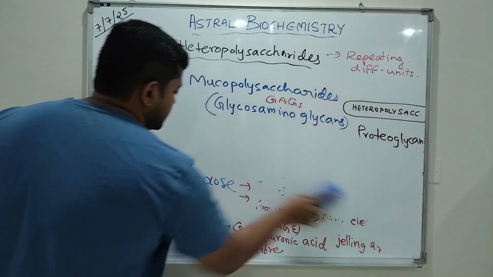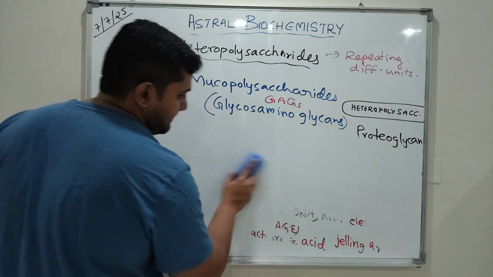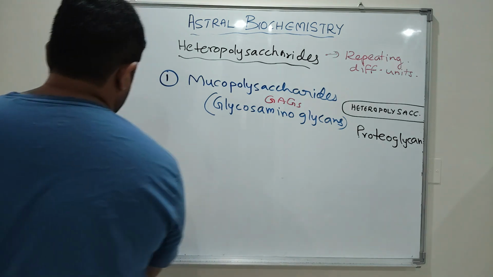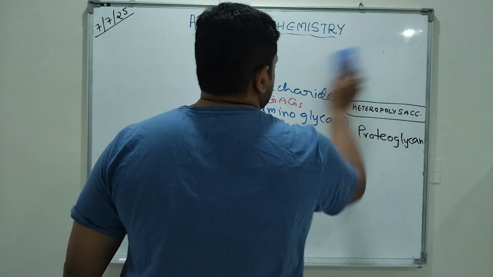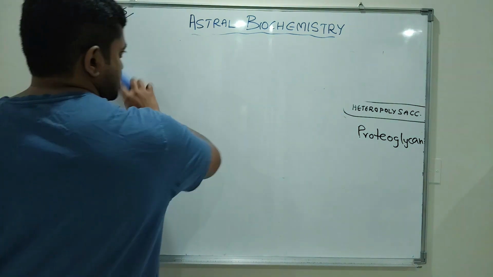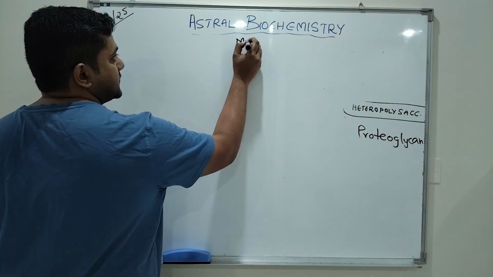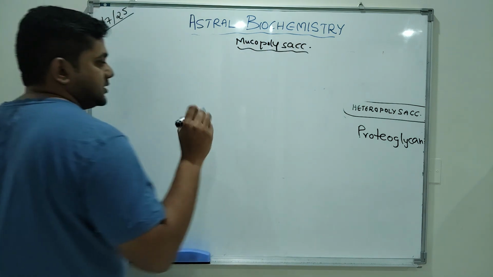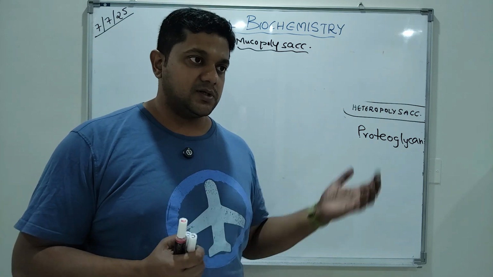So we'll focus our discussion on mucopolysaccharides. Now in mucopolysaccharides we have six main mucopolysaccharides or GAGs.